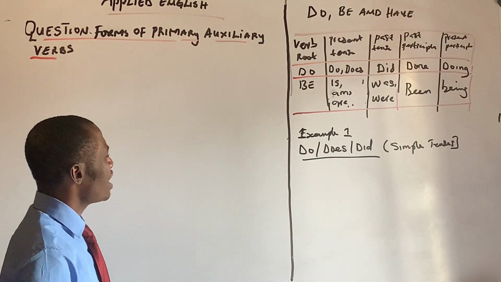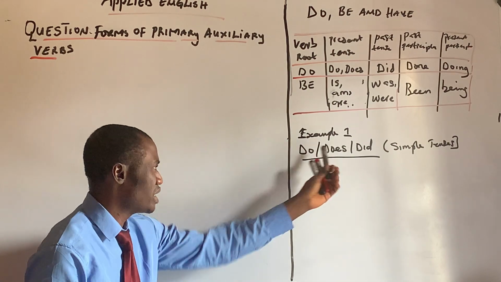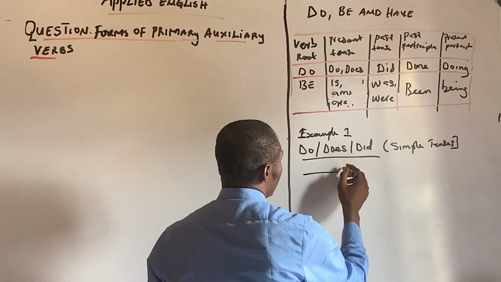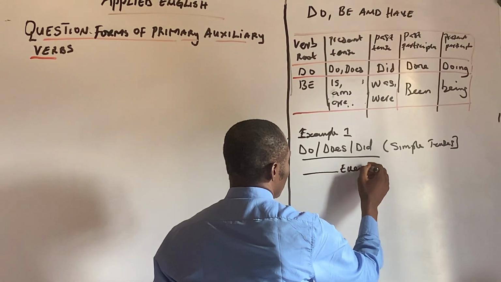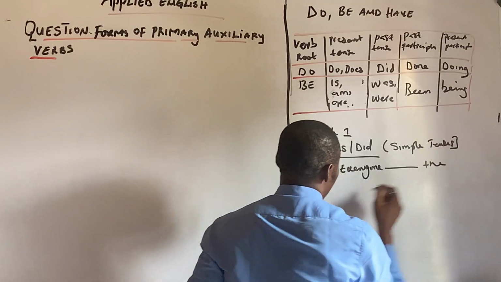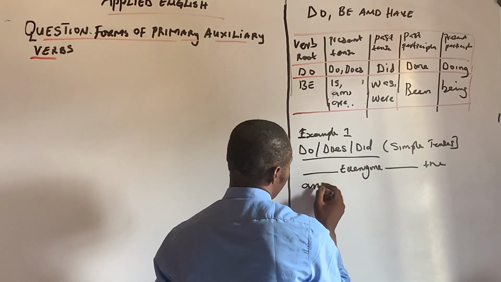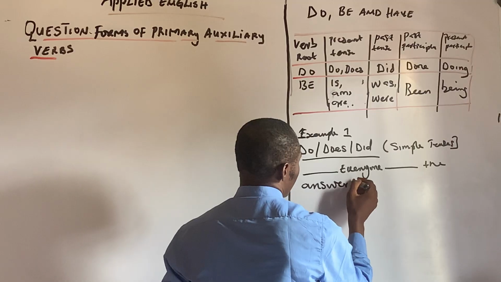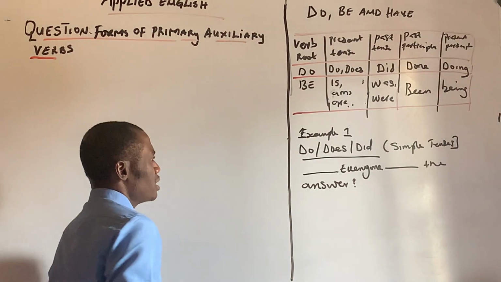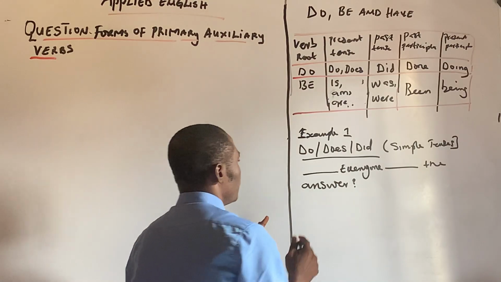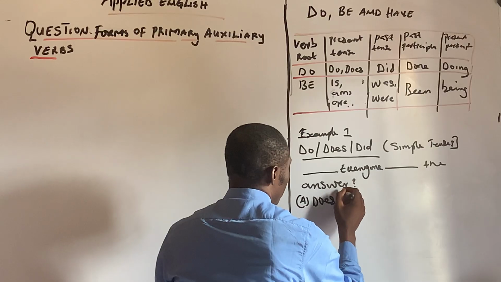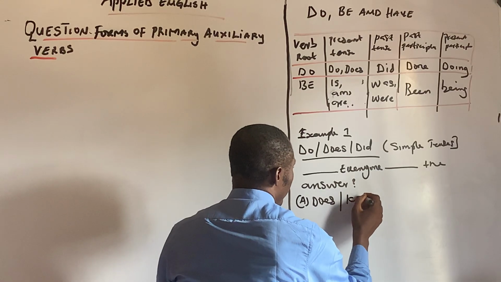Now, we can have the question form using any of these. Let's say we have a question like this: dash everyone dash the answer. Now, let's say we have A, does everyone know the answer?